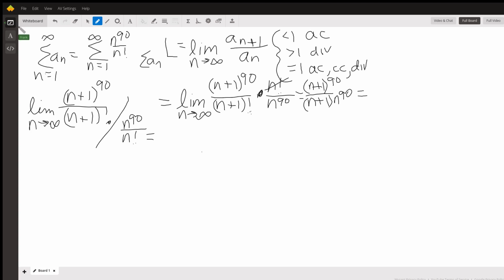So this is the limit as n approaches infinity of (n plus 1) to the 89th divided by n to the 90th. This n plus 1 canceled out with one of the powers of that n plus 1, so it left (n plus 1) to the 89th.